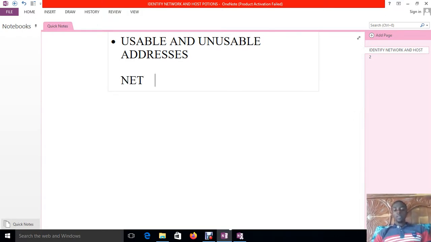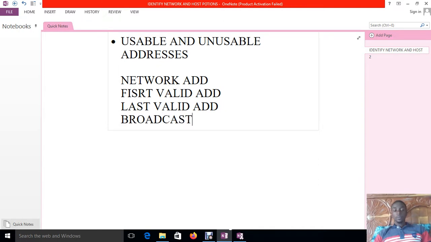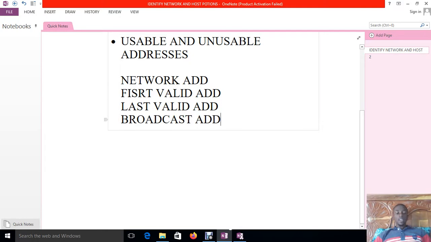First, the network address, the first valid address, the last valid address, and the broadcast address. These 4 addresses are very, very important to find.